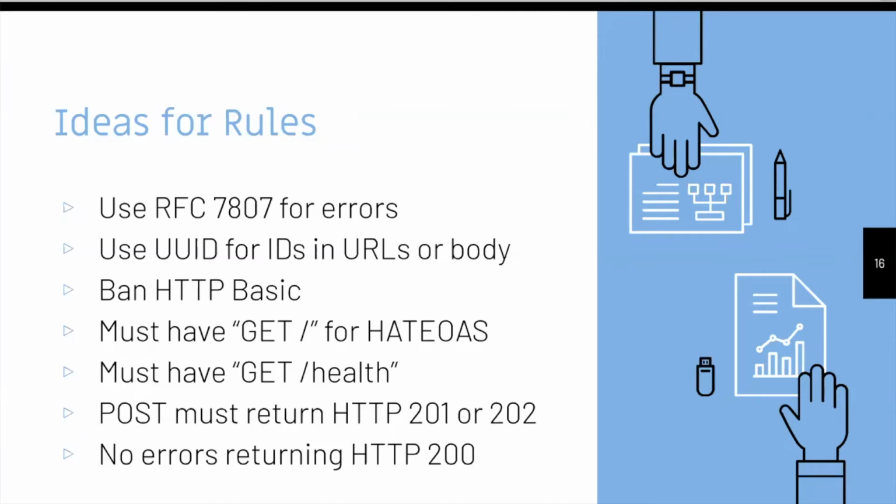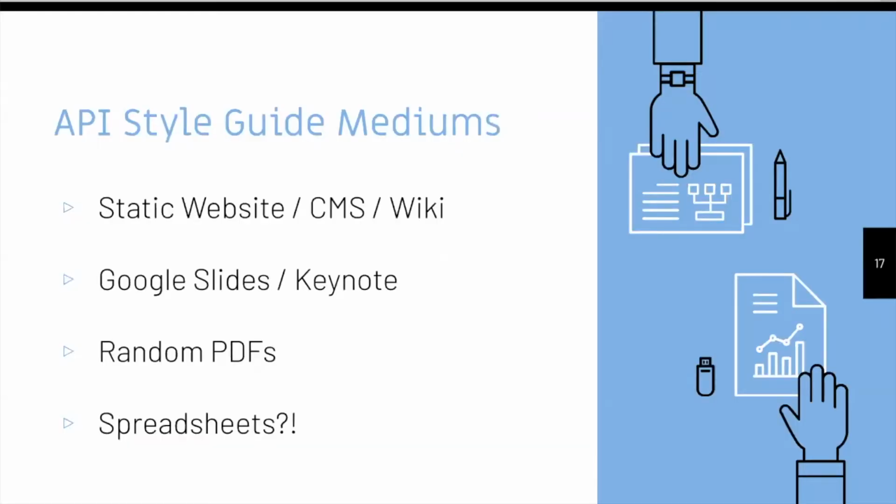Then you have to figure out where to put them, right? For years, lots of people have been relying on wikis and content management systems, static site generators, anywhere you can write something down, people have made an API style guide, whether that's Google Slides or Keynote or PDFs or CSVs.